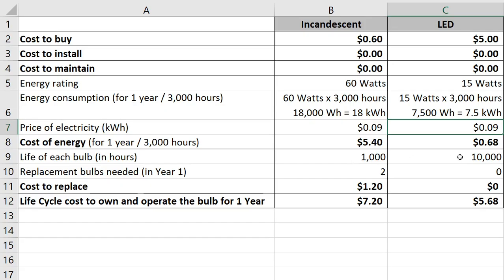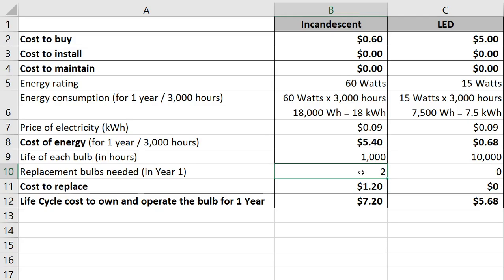Given that I need 3,000 hours of lighting across the year, that means I need 3 total incandescent bulbs across the year. I'm buying 1 at the beginning of the year, and that's factored in the cost to buy. But I need another 2, because after 4 months and then after 8 months, that bulb's going to die and I'm going to need to replace it.